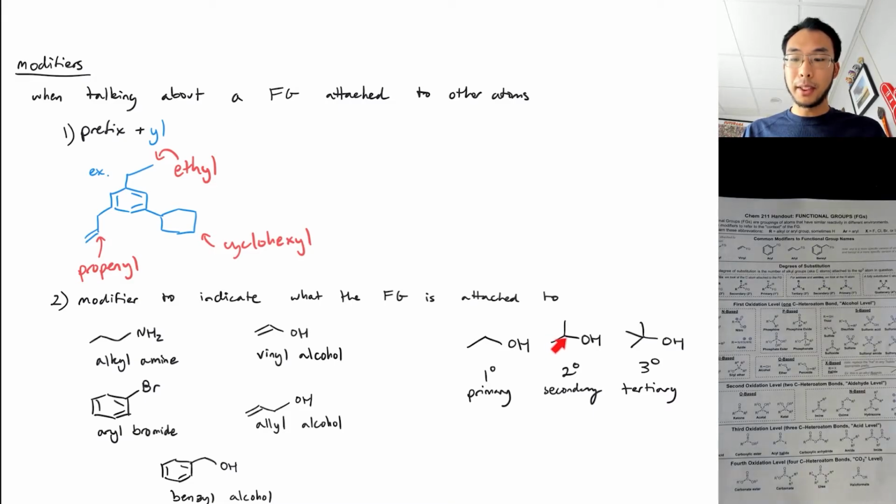There are 2 carbons here attached to this carbon, secondary alcohol. 3 carbons here, tertiary alcohol. A caveat to this system is that nitrogen-containing functional groups use primary, secondary, and tertiary to refer to the nitrogen atom rather than the carbon atom. So this is a primary amine, this is a secondary amine, this is a tertiary amine.